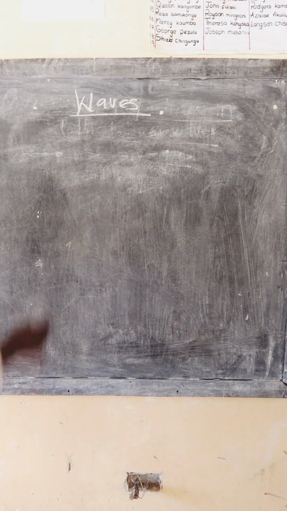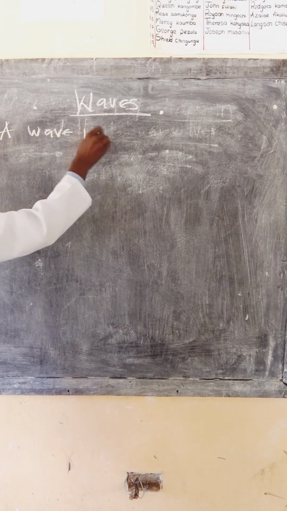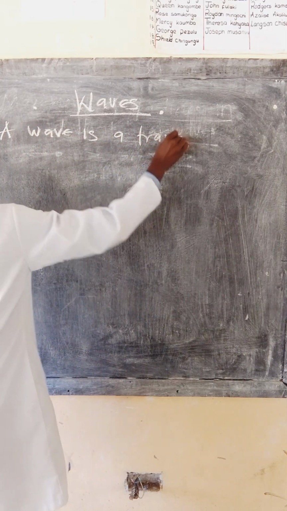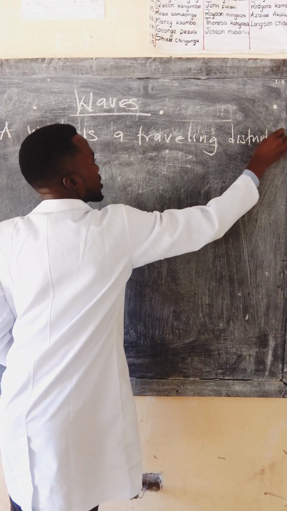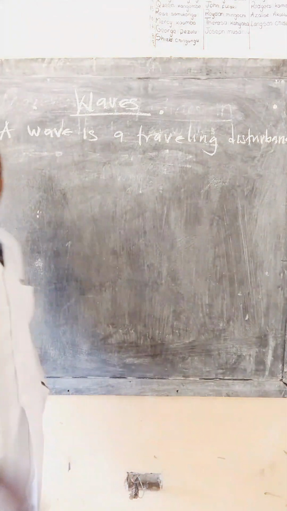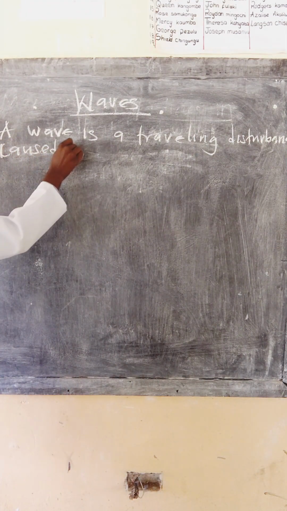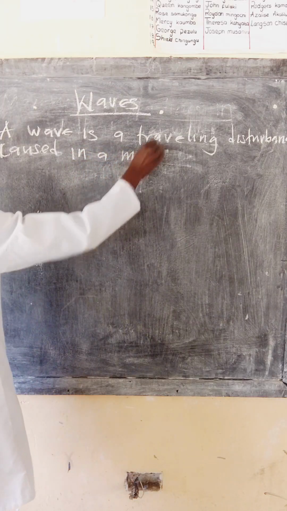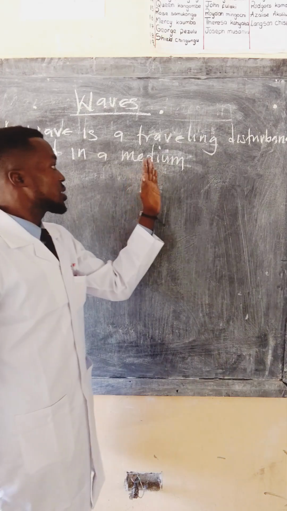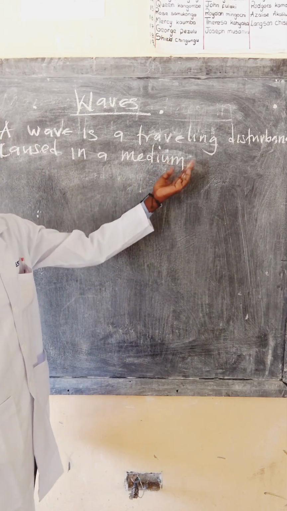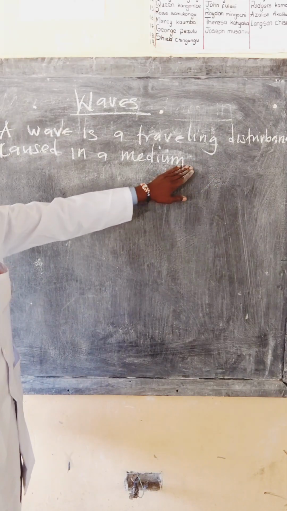By definition, you can simply say a wave is a traveling disturbance caused in a medium. When we talk of medium, we are simply talking about the solid, liquid, and gas. That's what it means when you talk about medium.